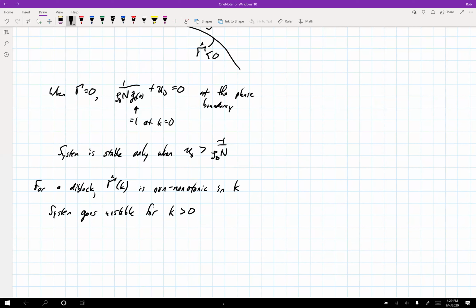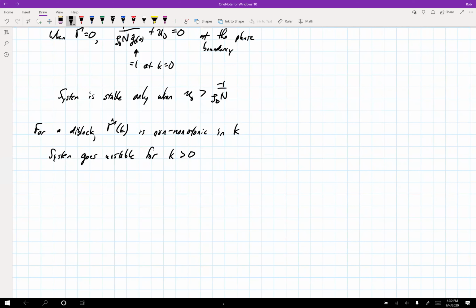So in other words, you can solve this equation up here at a finite value of k, and of course the Debye functions that show up there are much more complicated because it's the Debye function from the weak inhomogeneity expansion of a diblock. But this is the finite mode.